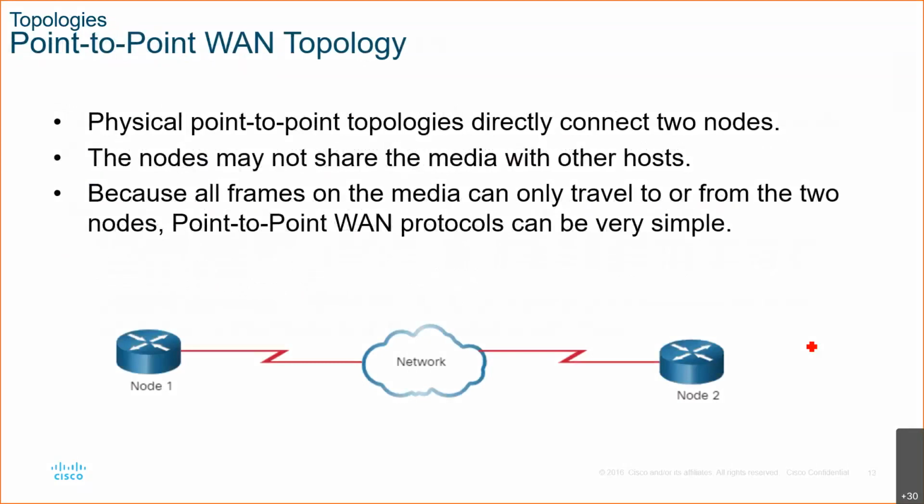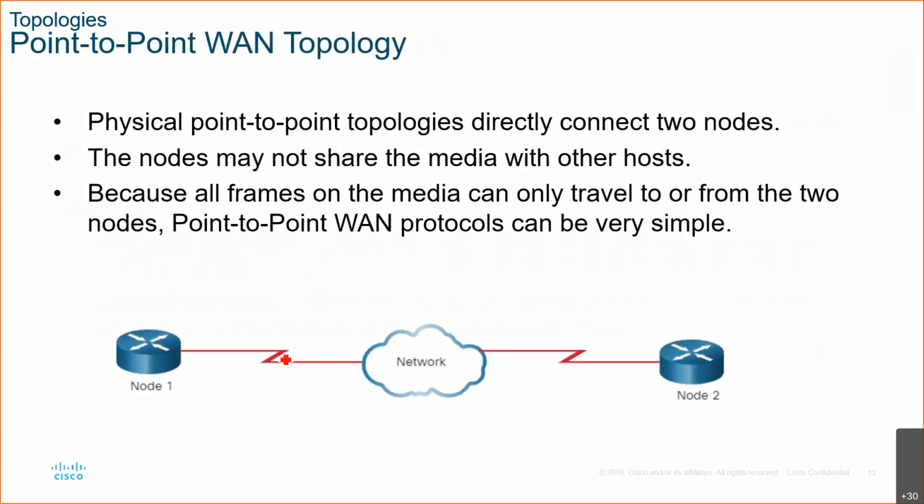So let's look at our point-to-point topology in a WAN situation. The nodes may not share the media with other hosts because all frames on the media can only travel to or from the two nodes. So in the point-to-point topology, in this case, as you can see, two nodes of a router are connected to each other.